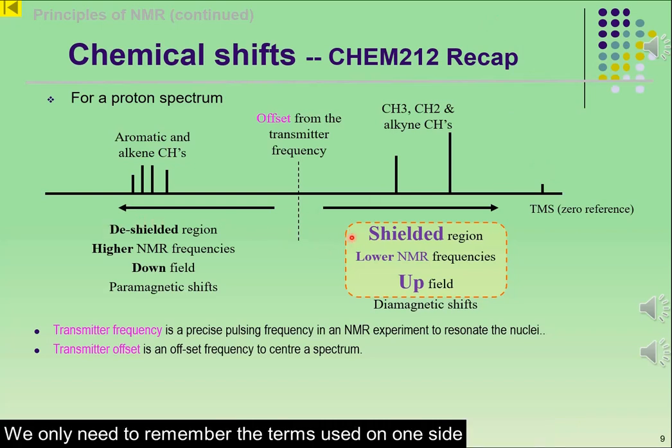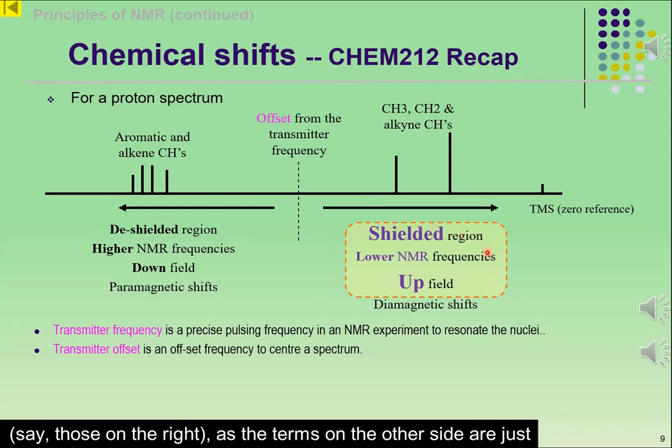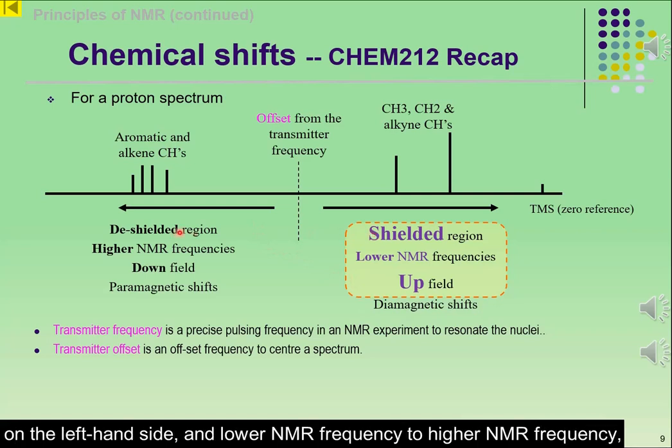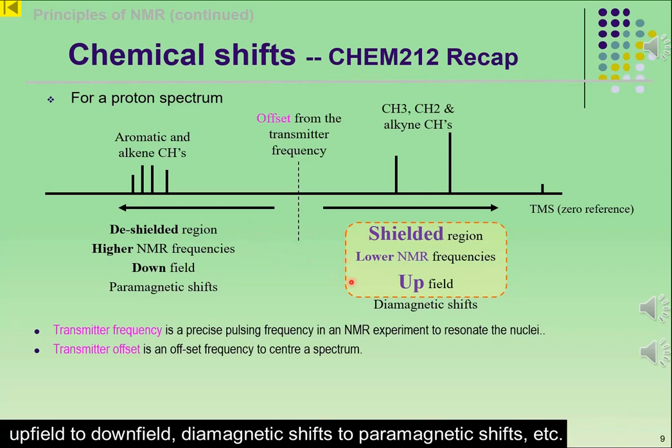We only need to remember the terms used on one side, say, those on the right, as the terms on the other side are just the opposite of them. For example, shielded is changed to de-shielded on the left-hand side, and lower NMR frequency to higher NMR frequency, upfield to downfield, diamagnetic shifts to paramagnetic shifts, etc.